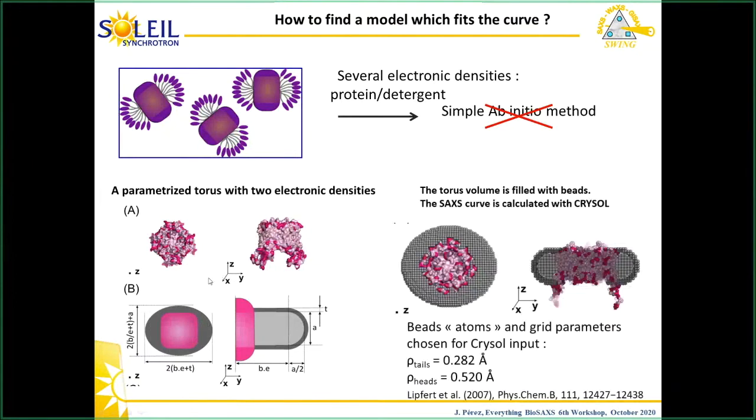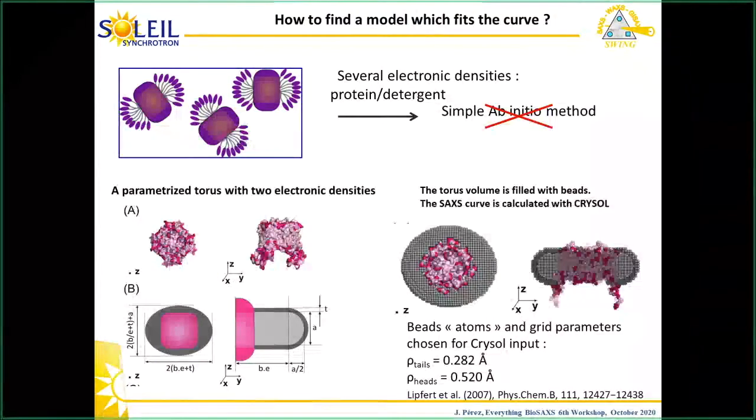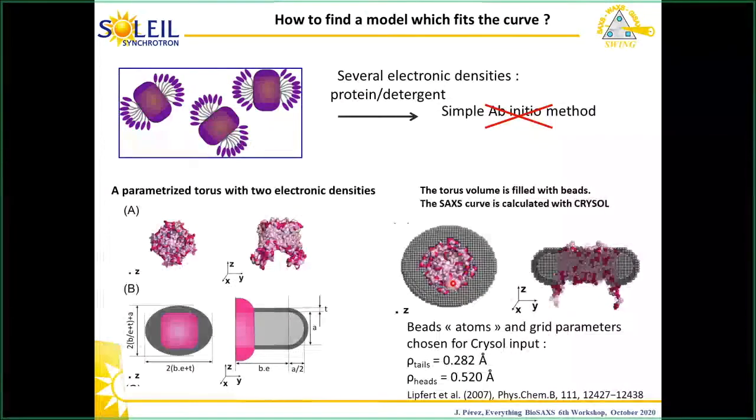So this is the main idea that we had. For the corona, we make a PDB file where the protein is described by its atoms, and the detergent corona is also described by atoms, but these atoms are only there to fill a geometrical volume.